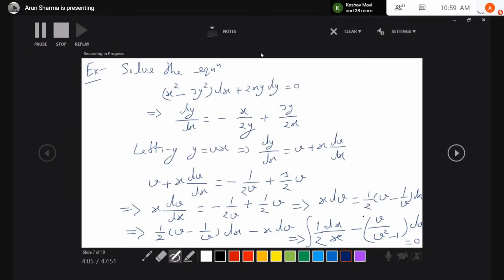Now integrate and solve it. Okay, आगे तो आप solve कर सकते हैं.